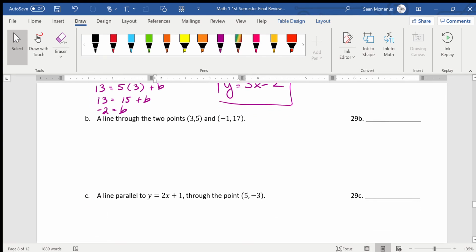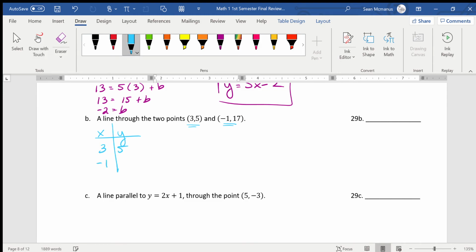All right, same thing here. A line through the, oh, no, it's a little bit different. So here we have to find the equation of a line that goes through these 2 points. So really we're going to do the same thing we did above, but we have one step prior. So we have to make a table. And we're going to have the point 3, 5, and I'm going to have the point -1, 17. And I need to find the slope.